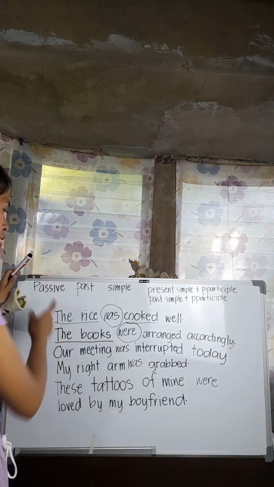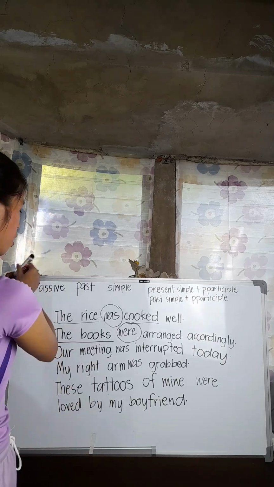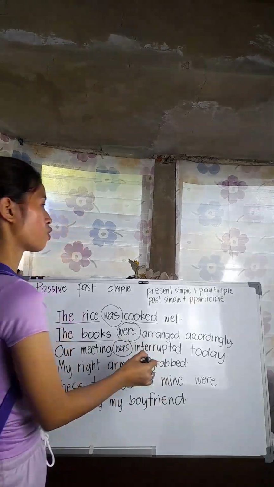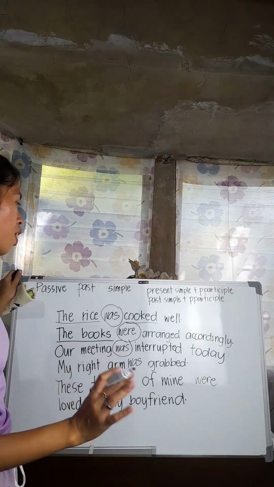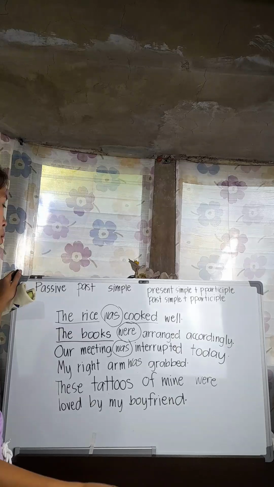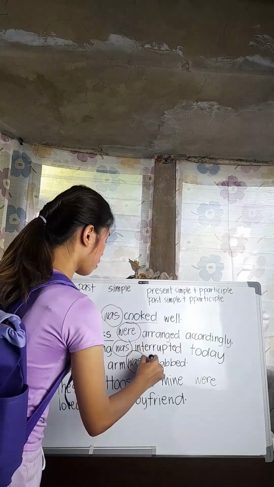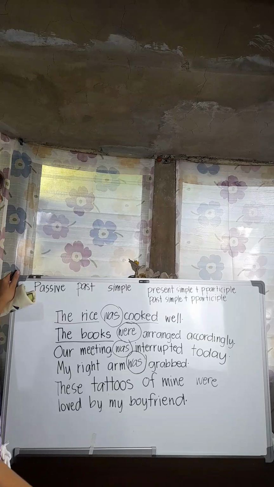For the third sentence, our meeting was interrupted today. Our meeting is the subject, was is the past simple, interrupted as a past participle. Fourth sentence, my right arm was grabbed. My right arm as the subject, was as the past simple, grabbed as the past participle.